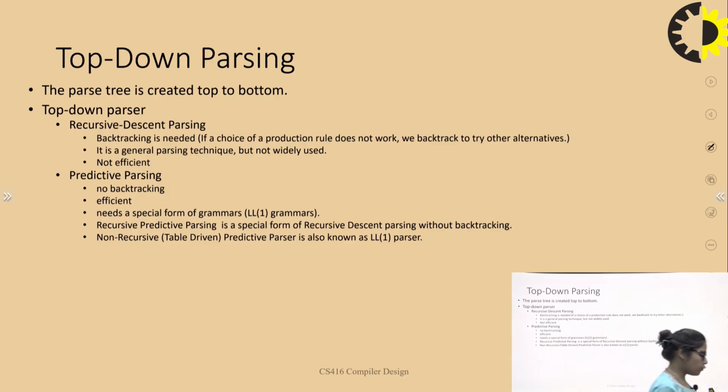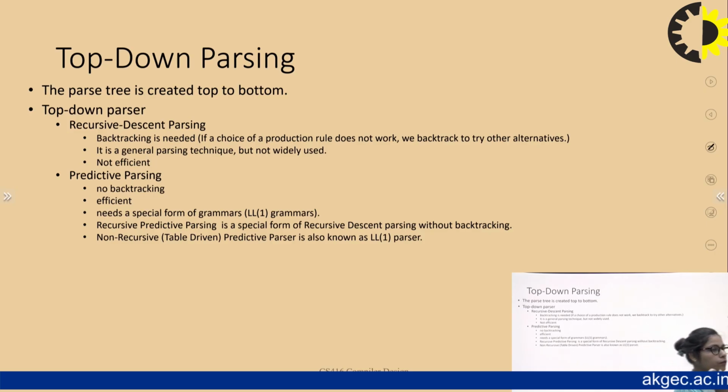The first L is for left-to-right scanning, and the second L is for leftmost derivation, and the 1 means the whole scanning is done with the help of one token. This is called LL1 grammar, and this is the full form of LL1.